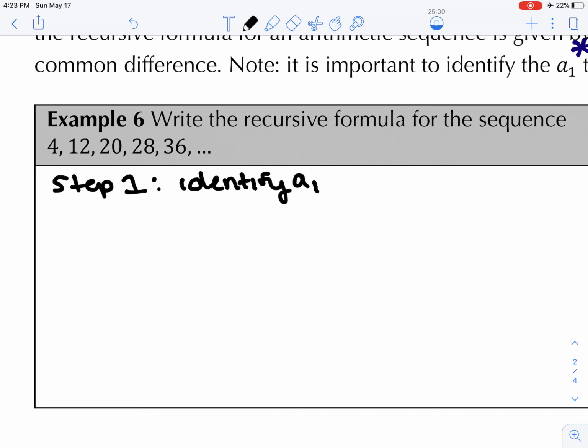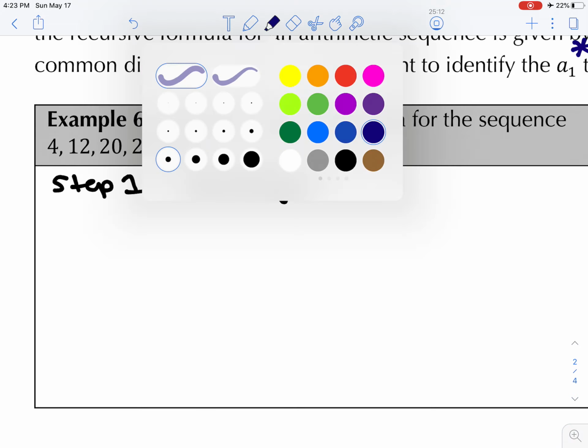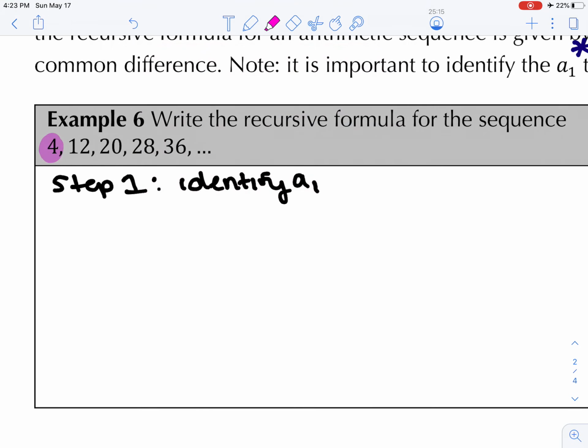It's super important in dealing with recursive formulas to identify your first term, because we need to know where this pattern starts. Just like before, unless indicated otherwise, a sub 1 is just going to be that first term listed. So here we see that a sub 1 is equal to 4.